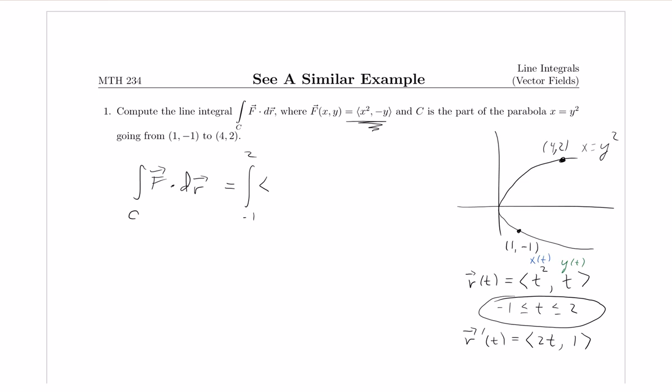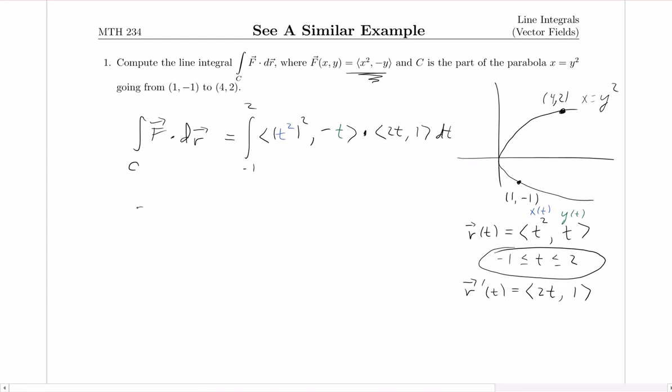So for x, remember x was t squared, and we have x squared, so we need to still square that, comma minus y. And from our parameterization, y was just t. Dot, and for dr, we simply use r prime. So dot 2t comma 1, and then dt.